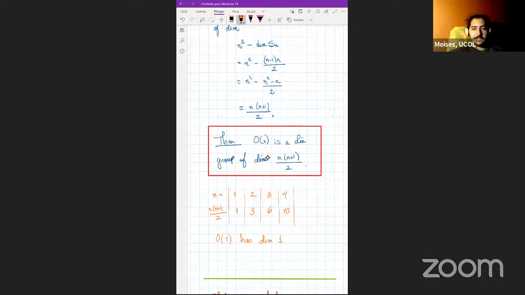The line, but the origin. Sorry, Moises, come again? The line, but the origin. Wait, but I'm confused. I think we made some mistake because O2 has to have dimension 1, not O1.